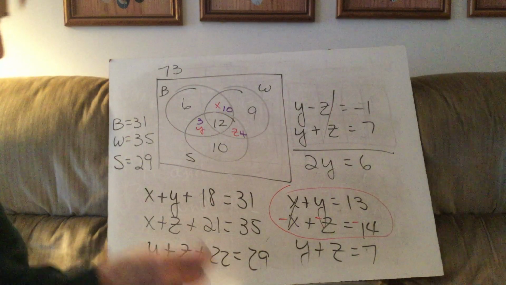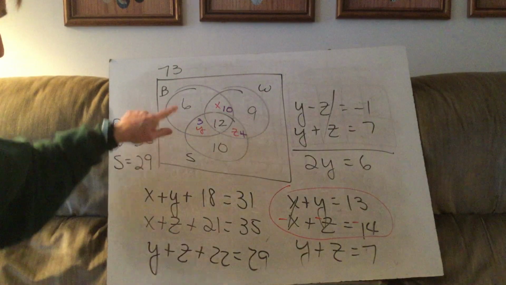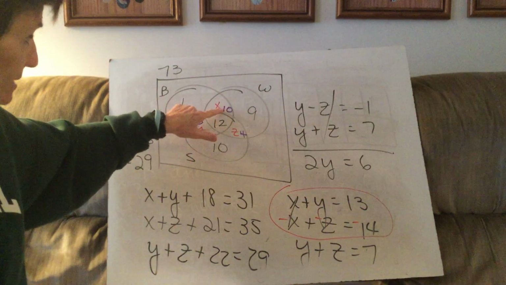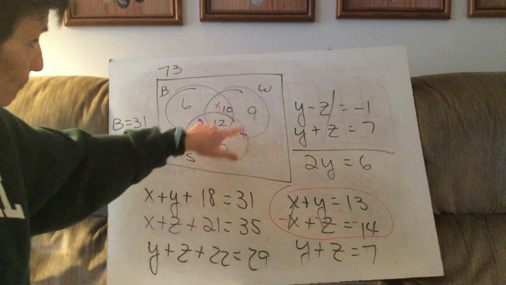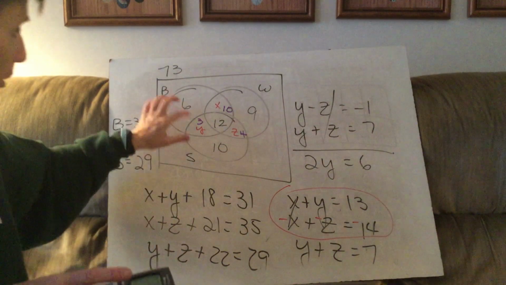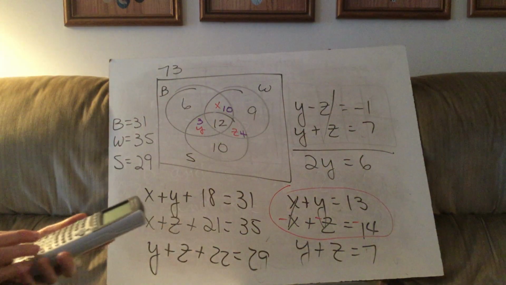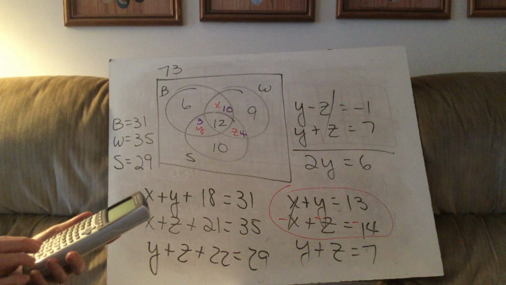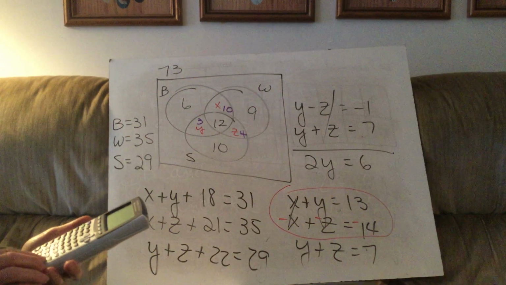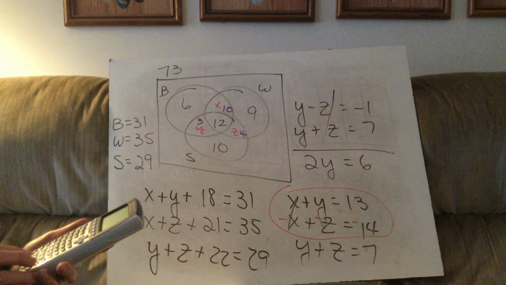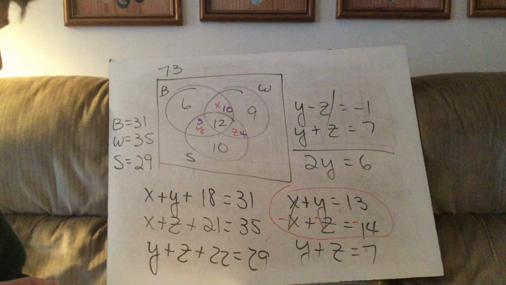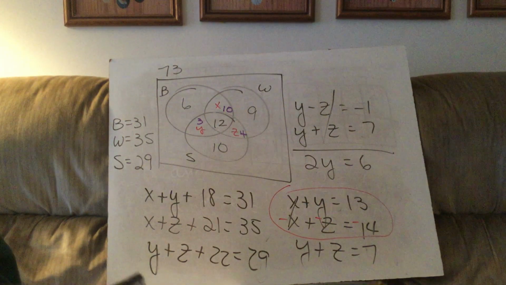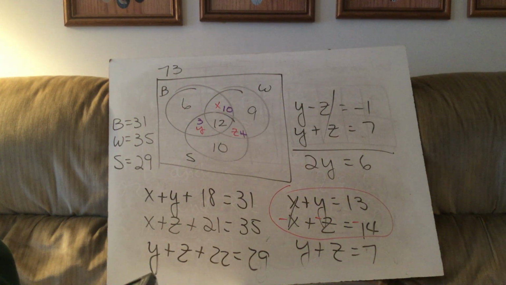Now let's total those up. Let's add up all those numbers. So 6 and 10 and 12 and 3 and 4 and 9 and 10. So let's add up all the numbers in there, the black ones and the purple ones, and see what we come up with. I got 54. Double check my arithmetic. Let's do that one more time, just to make sure, since I made a mistake in the problem.